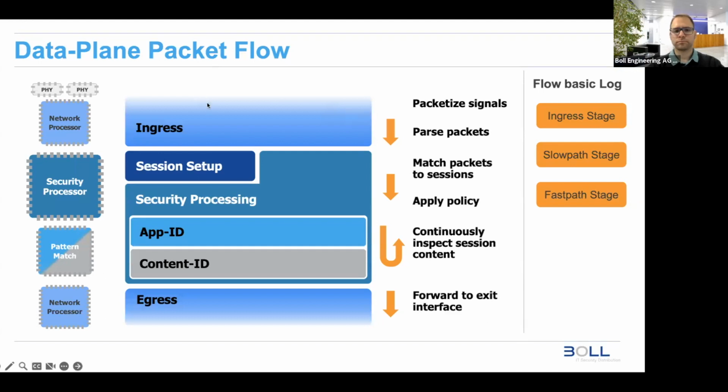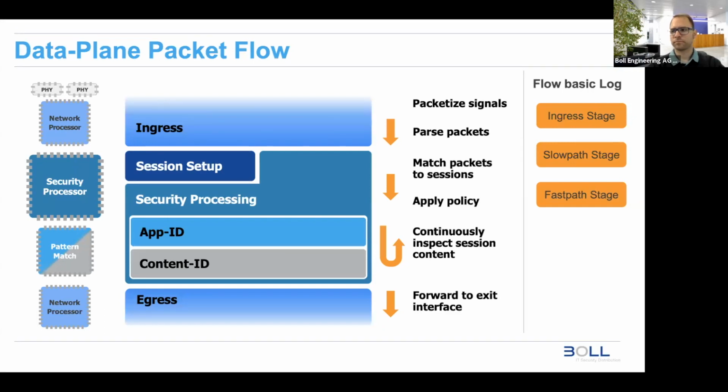What is happening internally? The packet is received on the firewall, and this leads to the ingress stage from the flow basic perspective. The packet arrives at the ingress. Here, the firewall will decide if the packet belongs to an existing session in the session table, or if this is a new packet for a new session, like a SYN packet on TCP or ICMP in this case.